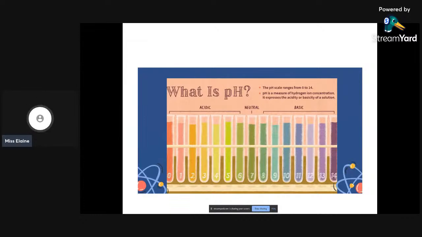The pH scale ranges from 0 to 14. So we have 0, 1, 2, 3, 4, 5, 6, 7, 8, 9, 10, 11, 12, 13, up to 14. So pH is a measure of hydrogen ion concentration, so we can know if the material is acidic or basic because of the hydrogen ions present in a concentration or a solution.